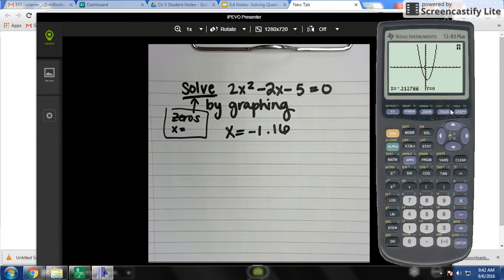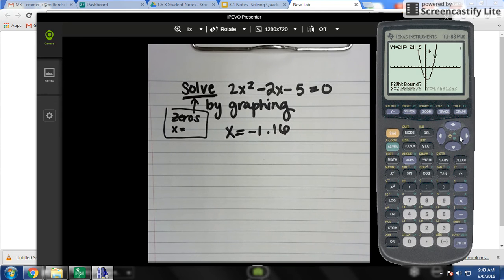So we're going to hit second calc, and again, we're trying to find the 0. We want left bound. Now this time left is actually below. So don't get your lefts and rights confused with above and below. Over here for left, we were way up here. Now for left, we're a couple clicks to the left, which would be down. So we want to hit enter. And then it says right bound.